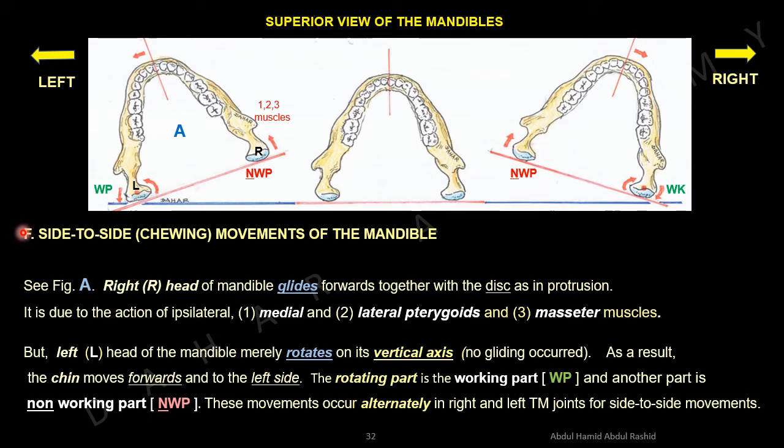F. Side to side, that is chewing movements of the mandible. Let's see the diagram, superior view of the mandible. Let's concentrate on number A. This is the right head of the mandible, and this is the left head of the mandible. Let's start.